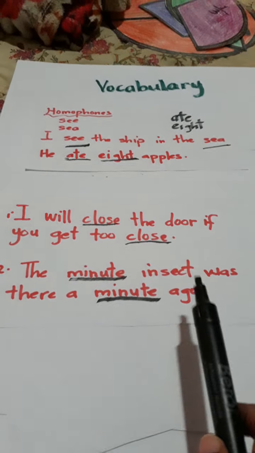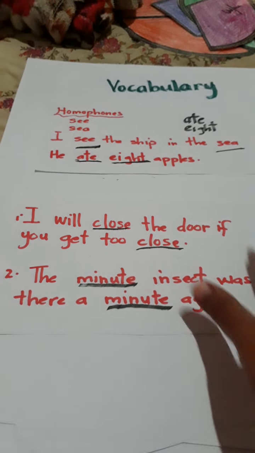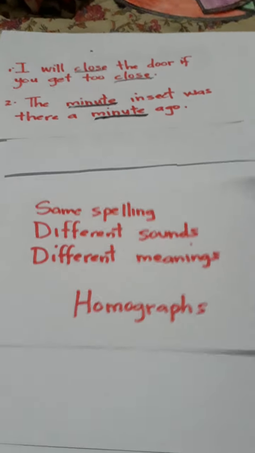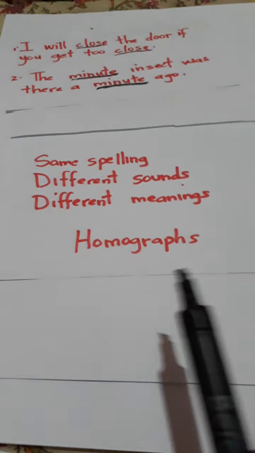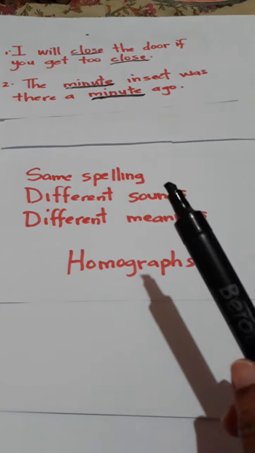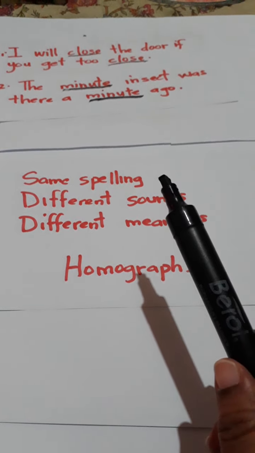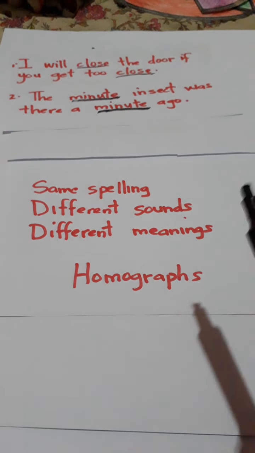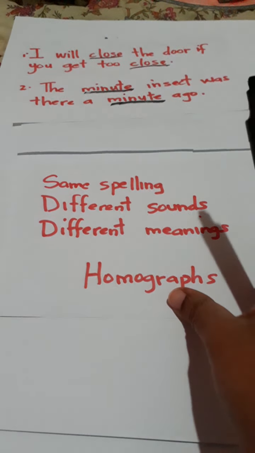The minute insect was there a minute ago. And these words, children, they are called homographs. Homographs. They have the same spelling, they have different sounds, and they have different meanings. So today, our vocabulary lesson is on homographs.